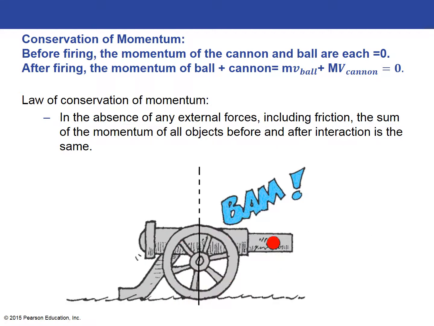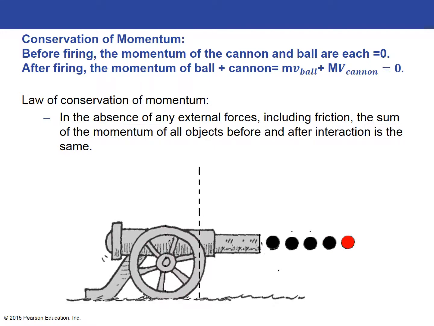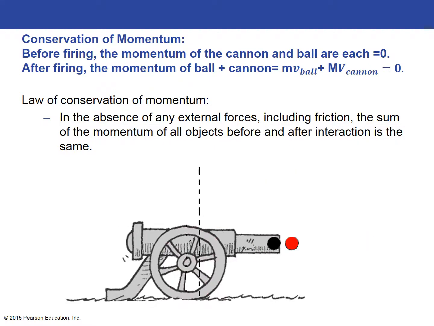So the conservation of momentum says that if the momentum of the ball and the cannon are each equal to zero before the firing, then the sum of them is equal to zero before the firing.